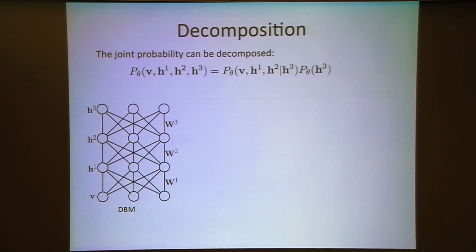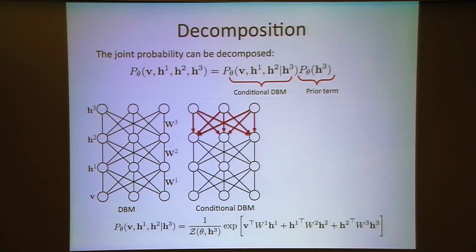Now, we can look at the joint probability distribution over all of these random variables, and we can decompose it into two terms. Okay? The first term we can call the conditional deep Boltzmann machine, and the last term we can call the prior term. That's a standard decomposition. Now, within the deep Boltzmann machine framework, this term you can get by just marginalizing out over these random variables, and it's typically a fairly complicated prior term.